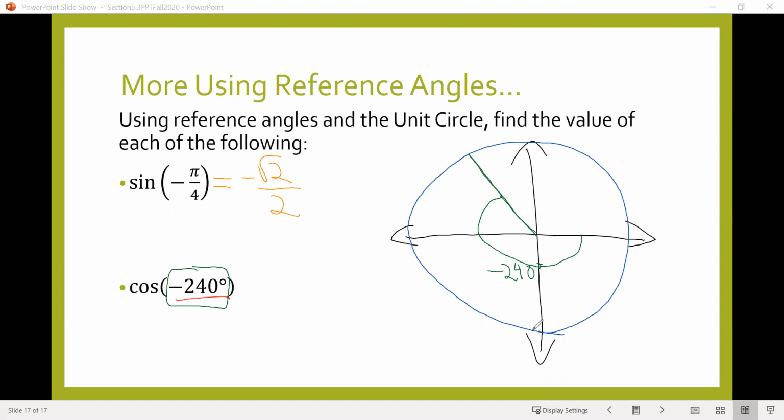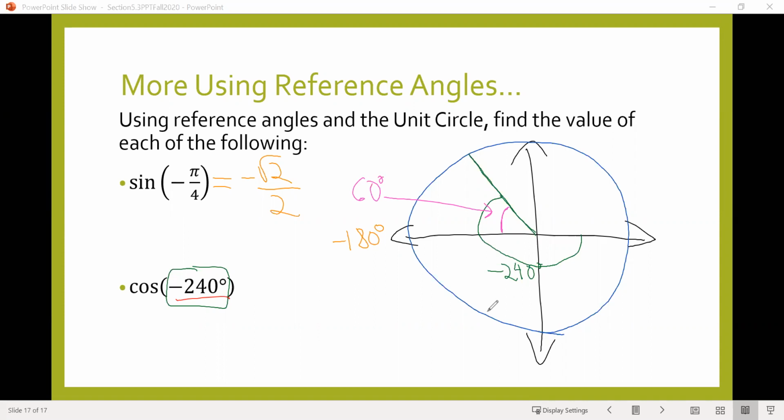Now, just like in the last one, to figure out which angle this is coterminal with on the unit circle, let's first find the reference angle here. So this pink angle, as I was going around, I said this was negative 180 degrees. So to get to negative 240, we had to go 60 more. This looks like our reference angle here is 60 degrees.